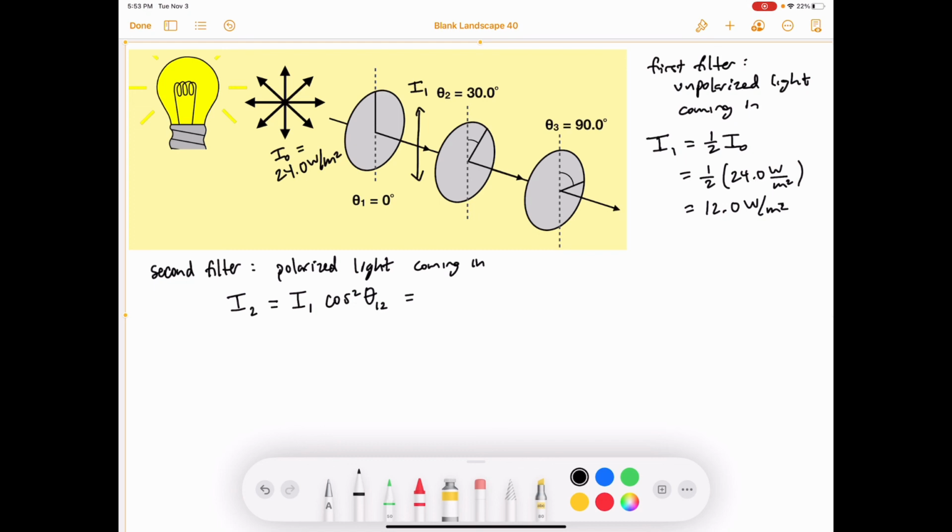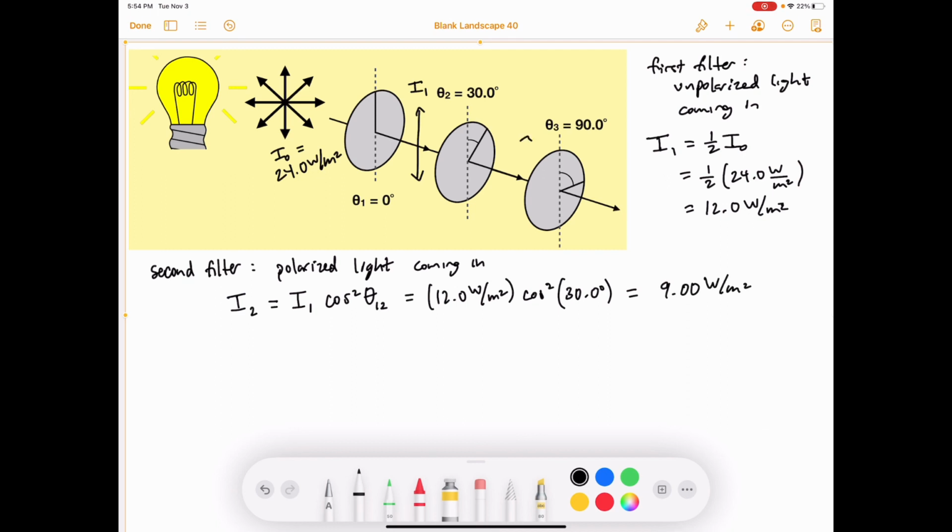So I have I1, 12.0 watts per square meter times cosine squared of 30 degrees. So if you work that out, it's exactly 9 watts per square meter.